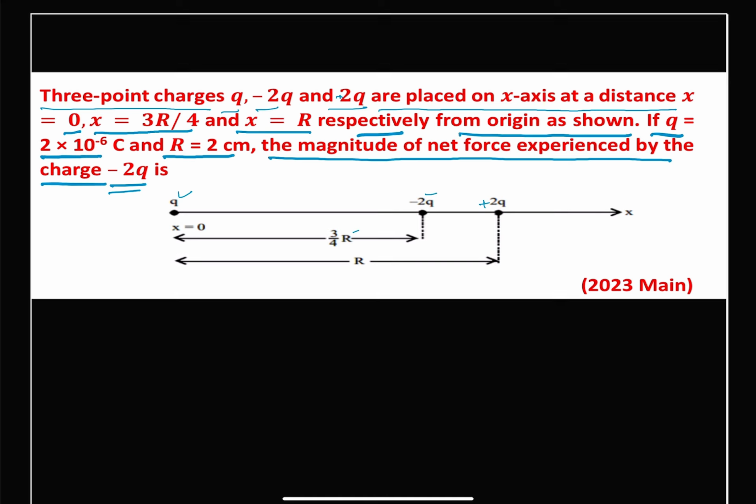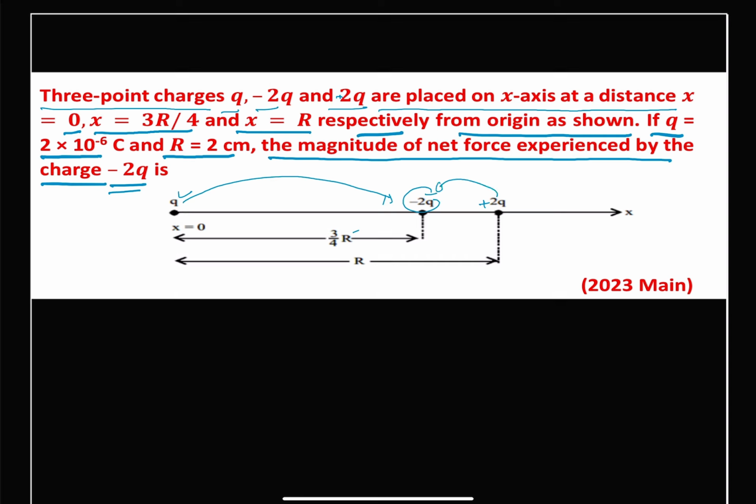So there will be two forces acting on minus 2Q. One force will be because of this Q charge and another force will be because of this plus 2Q charge.